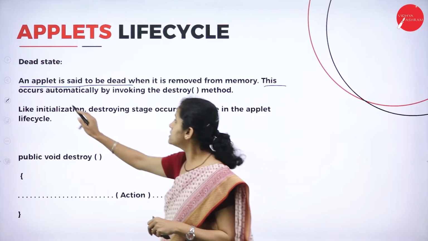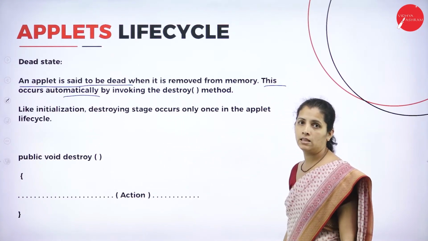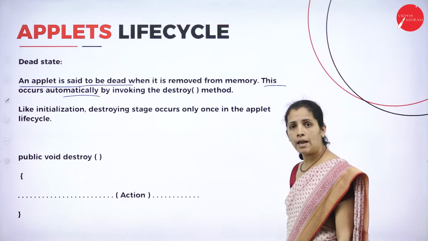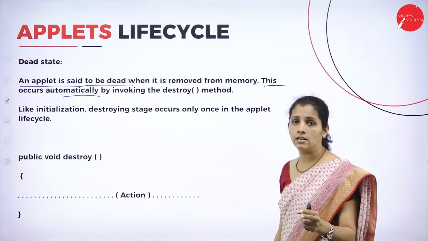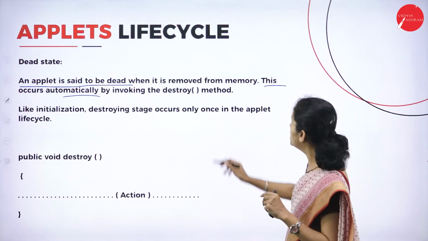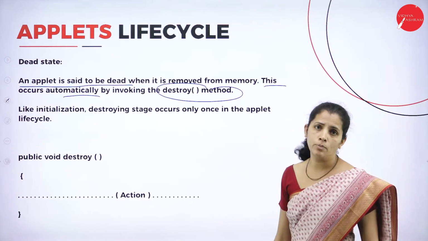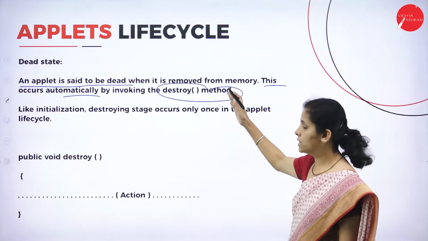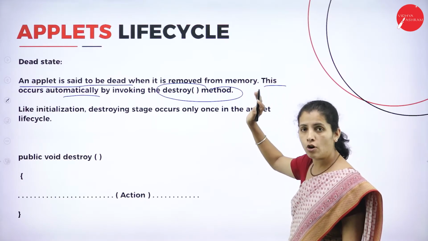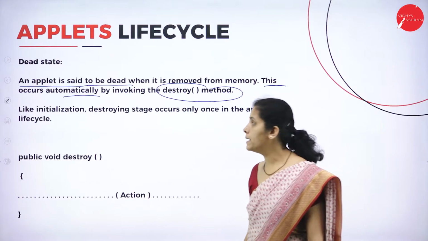This occurs automatically by invoking the destroy method. That means I can make my applet dead by invoking destroy method. When I call destroy method, it's going to remove the applet from the memory.